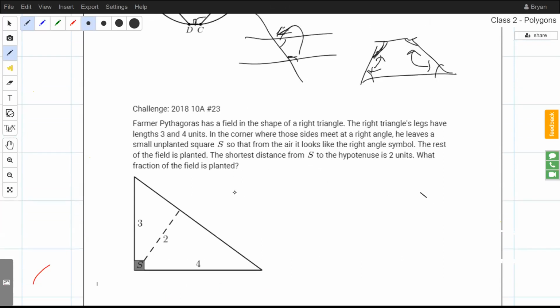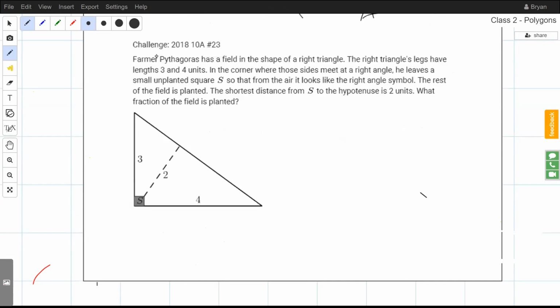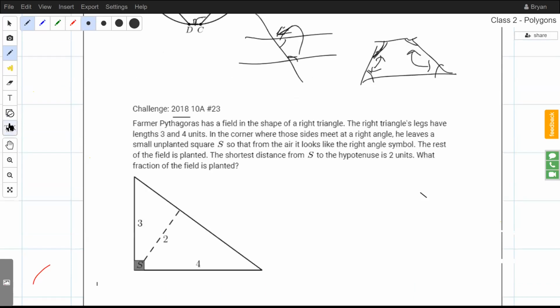And finally, the challenge problem. This is from 2018. Some of you may have actually seen this when you took it. Our farmer has a really large field in the shape of a right triangle for some reason. We know that the right triangle's legs are 3 and 4, and he has this corner that is unplanted.